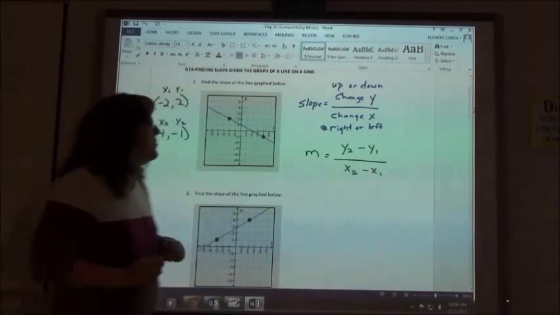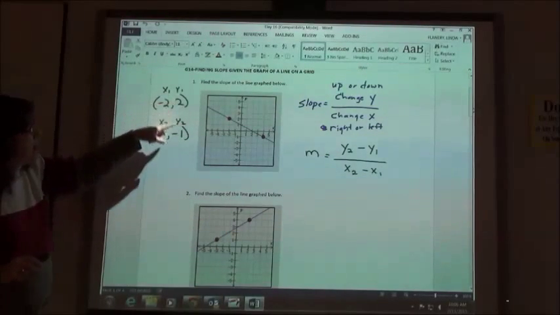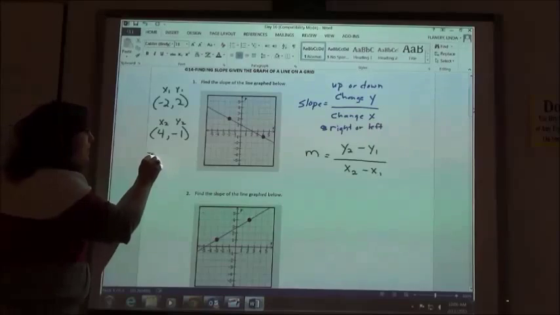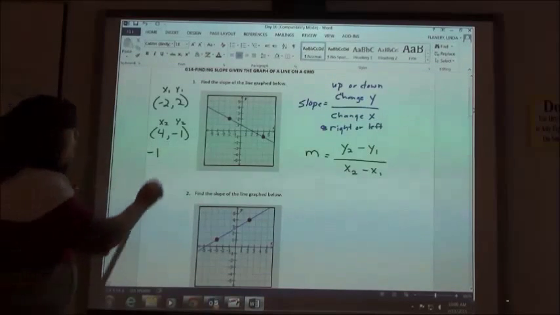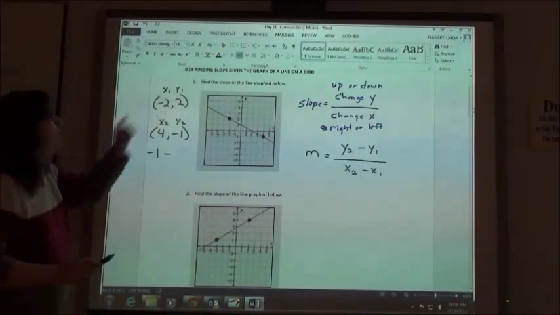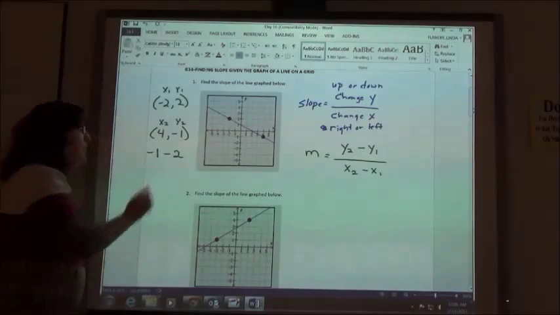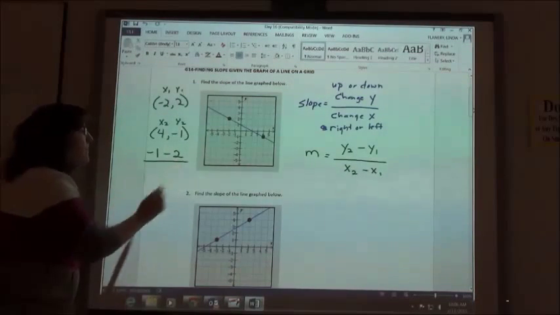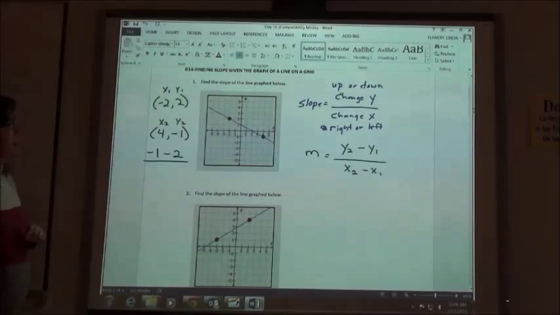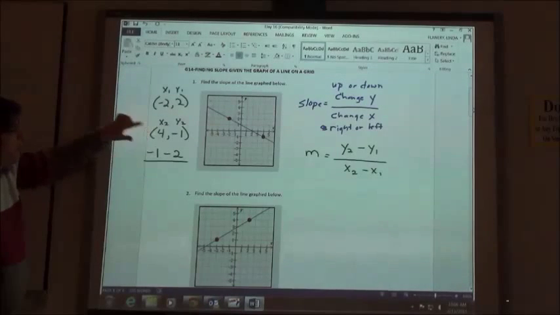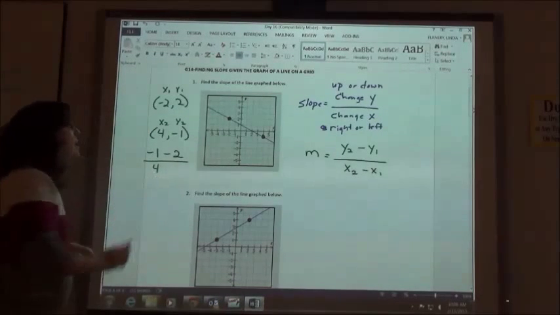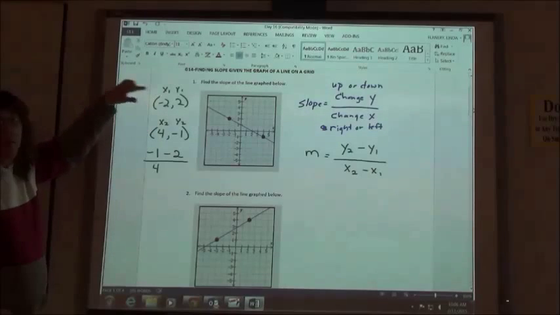If I plug them into my formula, the y value from point 2 is -1. I'm going to subtract the y value from point 1, which is +2. On the bottom, I'm going to take the x value from point 2, which is 4. I'm going to subtract the x value from point 1.